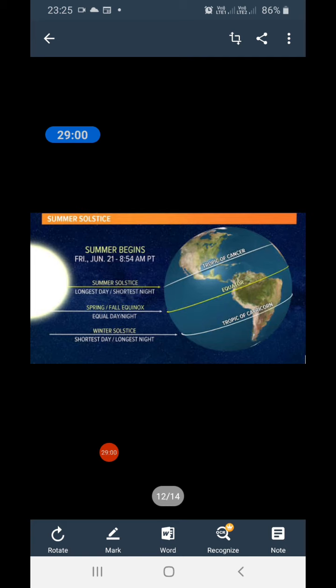So at this time, all the places from Tropic of Cancer to the North Pole, up till the Arctic Circle, will be having their summer with longer days and shorter nights. And the southern hemisphere, that is Tropic of Capricorn, is away from the sun, and it is experiencing its winter on June 21st. So this is your summer solstice.